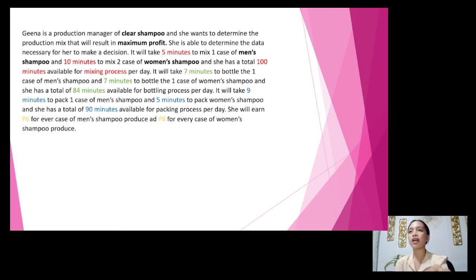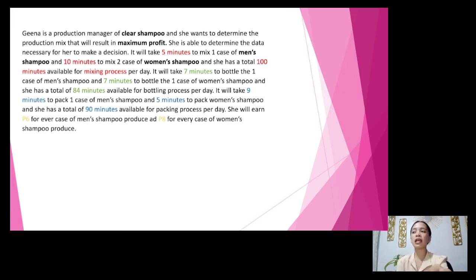It will take 5 minutes to mix one case of men's shampoo and 10 minutes to mix one case of women's shampoo, and she has a total of 100 minutes available for the mixing process per day. It will take 7 minutes to bottle one case of men's shampoo and 7 minutes to bottle one case of women's shampoo, and she has a total of 84 minutes available for the bottling process per day.